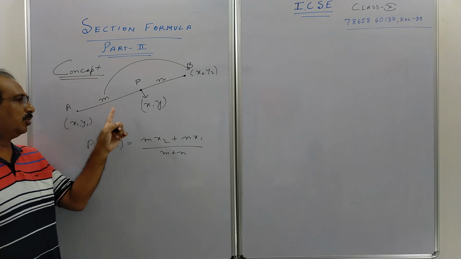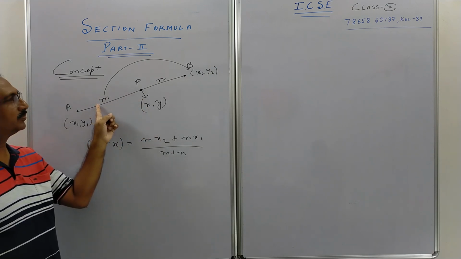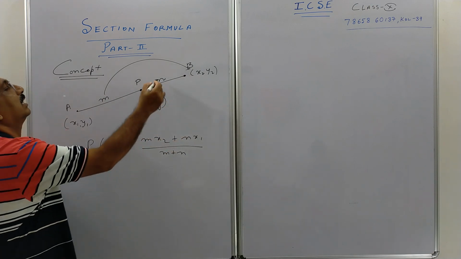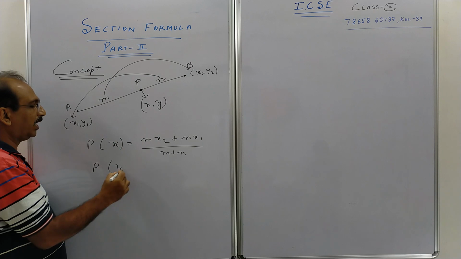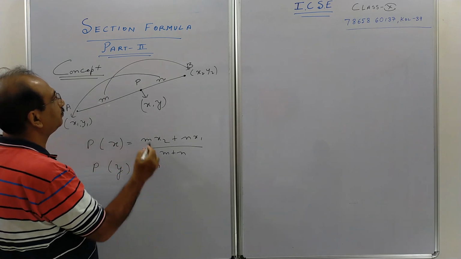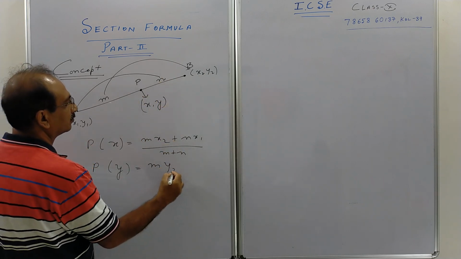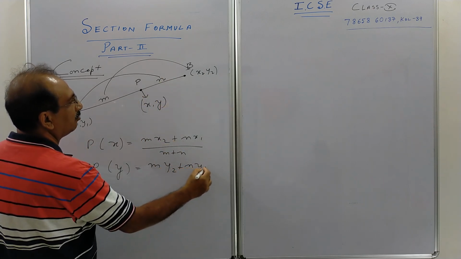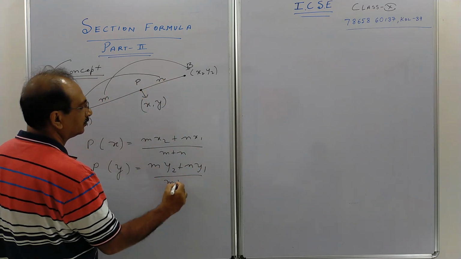So once more, x is (m x2 plus n x1) by (m plus n). Suppose you want to find y of the coordinate of P: same way, (m y2 plus n y1) by (m plus n).